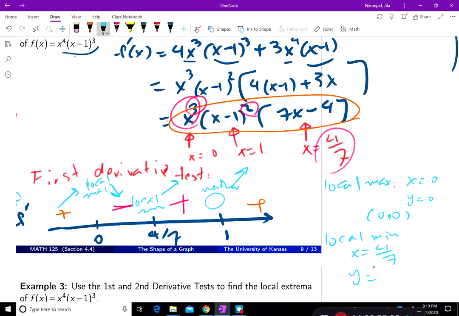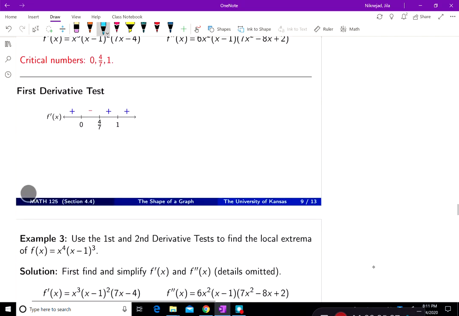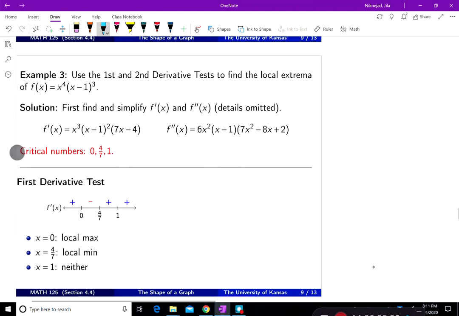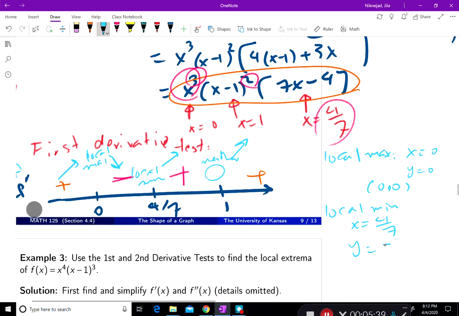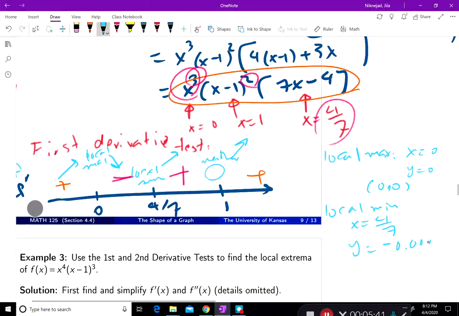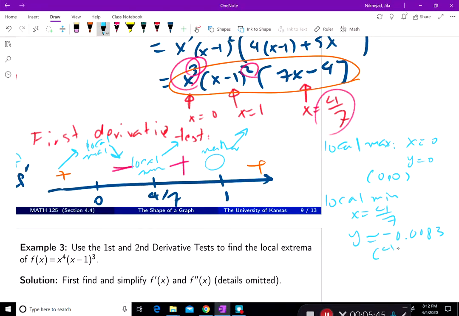And the value of that is going to be negative 0.0083 approximately.